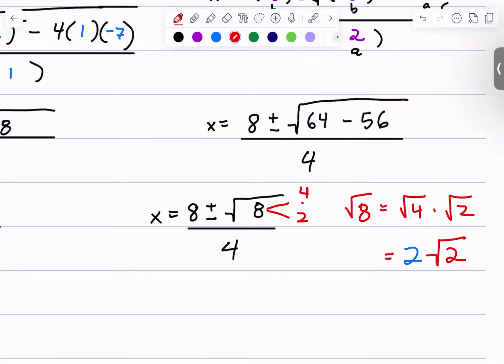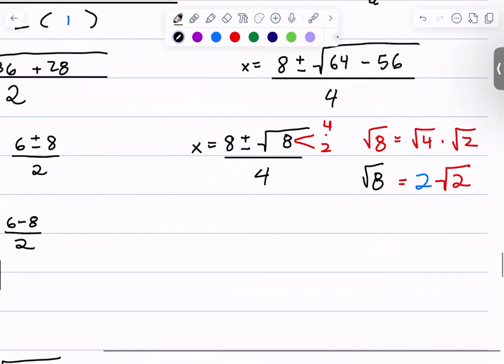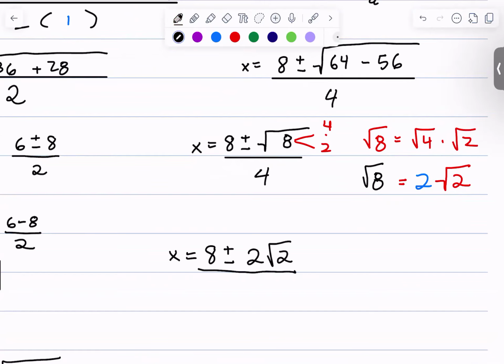So square root of 8 simplifies to 2 square root of 2. Does that make sense? Yeah? So I can rewrite the answer as x equals 8 plus or minus 2 square root of 2 over 4. Right?